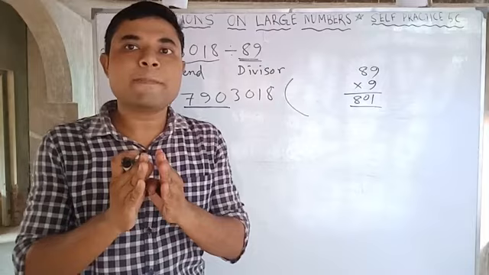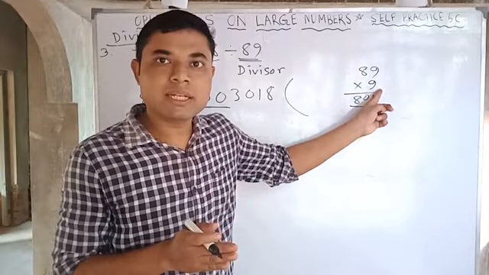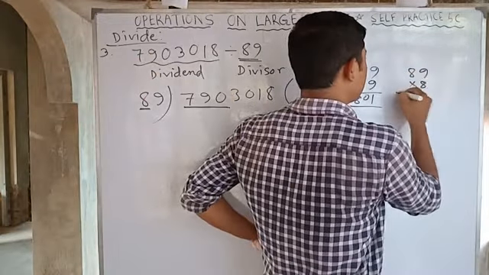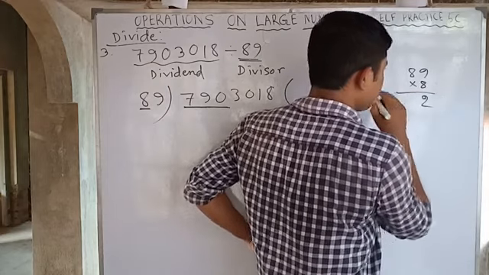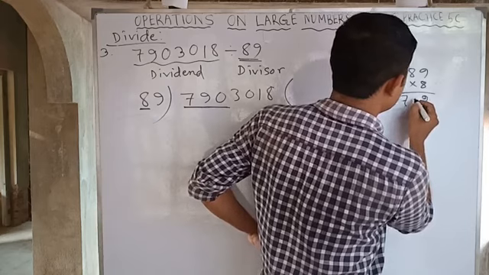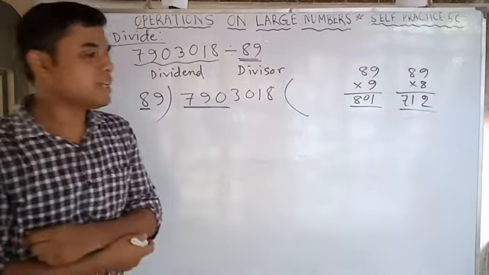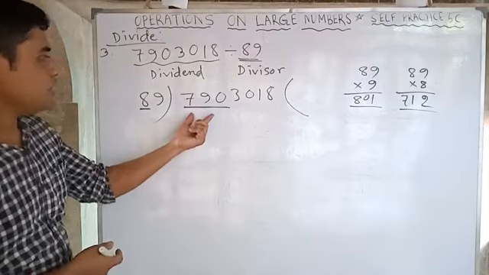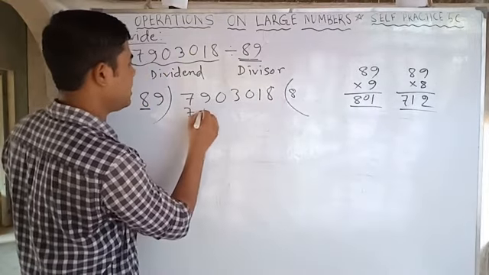We will take the previous digit, so previous of 9 is 8. 89 and 8: 64, 72, 80, 64, 70, 64 and 7, 712. Is it clear? So it goes by 8, so 712.